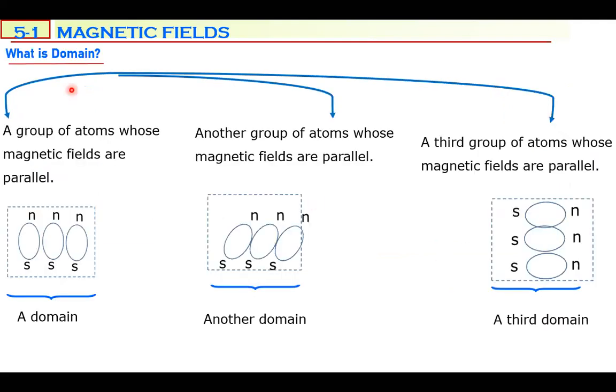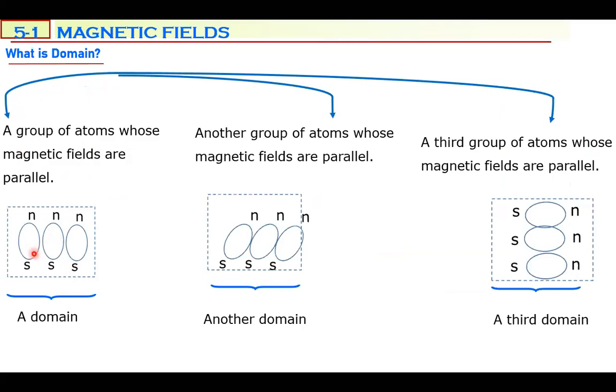But there are billions of atoms inside a substance. Groups of atoms whose magnetic fields are parallel or in the same direction form a domain. So look at one atom, second atom, third atom.